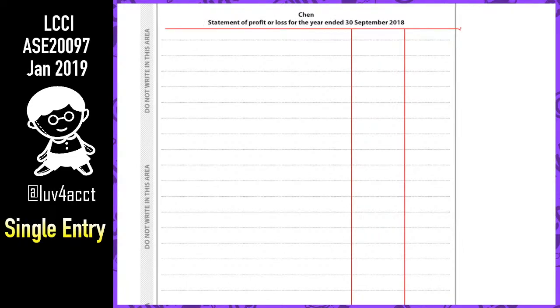Let us write all the things that we need first. We have revenue, and then cost of sales. With the cost of sales, we have opening inventory, add purchases.